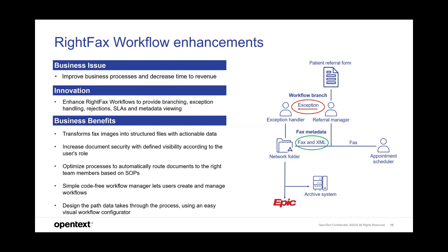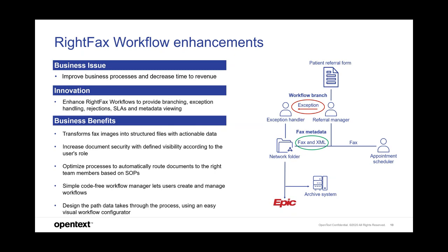We also want to increase document security with defined visibility according to the user's role in the business. So if we take my previous example with myself, Jeffrey, and Julia, I don't have to know Jeffrey and I don't have to know Julia, and I don't have to maybe accidentally send this off to a John Pater, right? He doesn't need to see this, right? This is healthcare information. This is PCI data from financial services. I need to make sure that data goes to the right place.